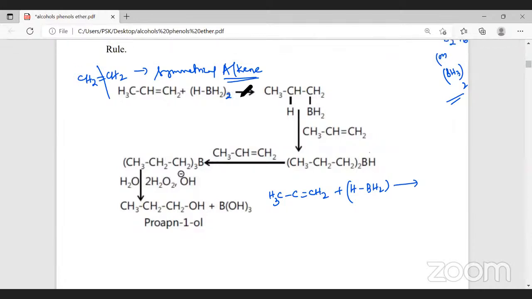Now, what we will understand is, this hydrogen attacks this carbon and this BH2 attacks this carbon. So what's the product you will get?